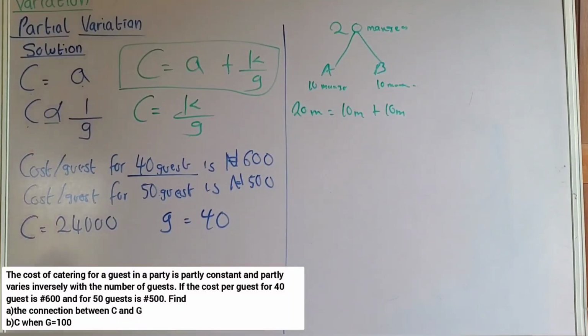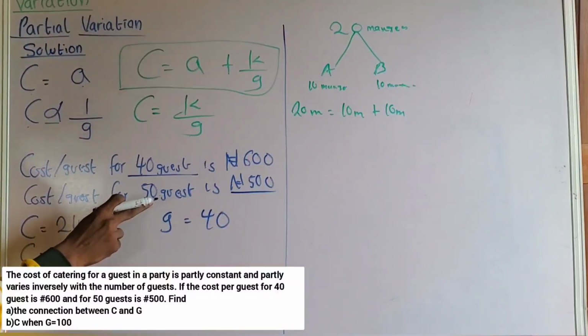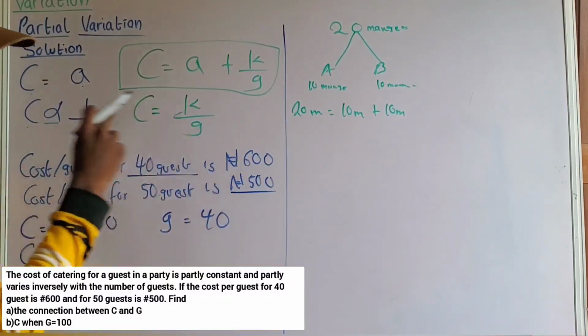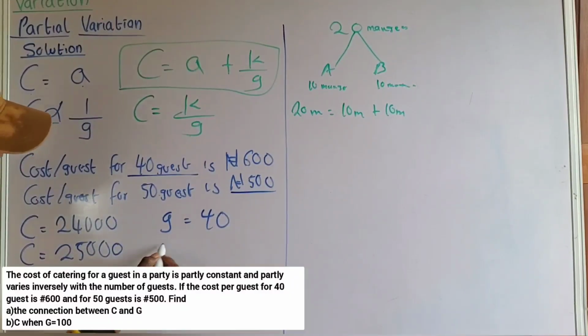So, this is the cost for a single guest. Now, we are entertaining 50 guests. I'm going to have 50 times 500. So, 50 times 500 is what? That will be 25,000. Yes, 25,000. So I'm going to have 25,000 when the guests are 50.